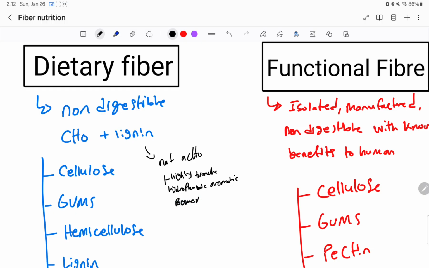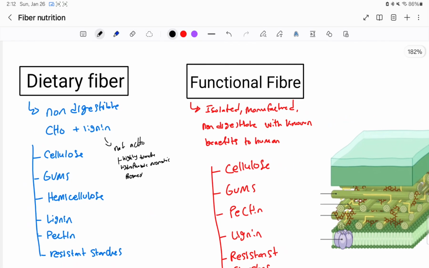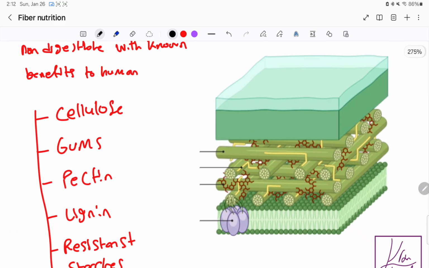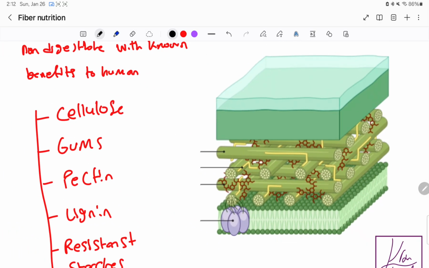It basically helps to fill in the spaces in the cell wall of plants between cellulose and hemicellulose and pectin. So what I mean by this, just very quickly, let's take a look at a plant cell wall here. You know how a plant has a plasma membrane, right?